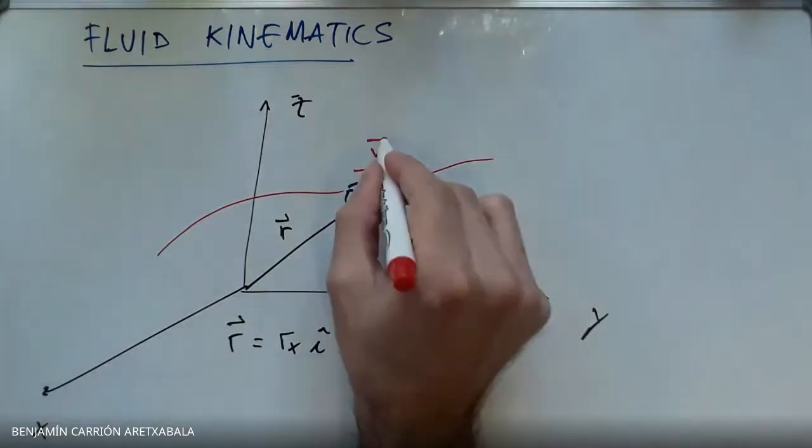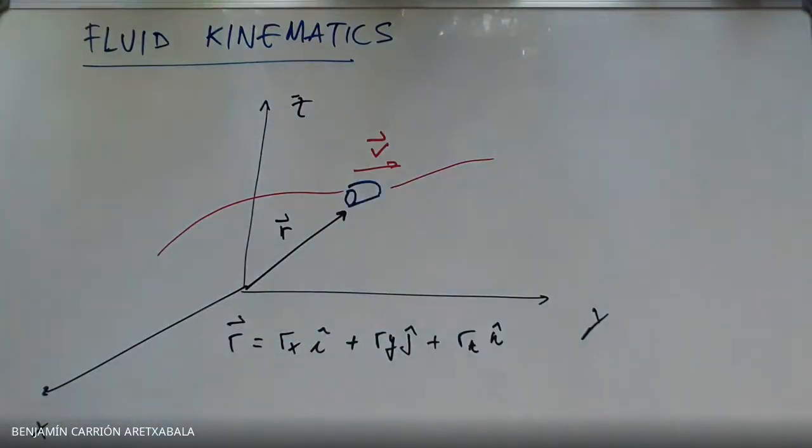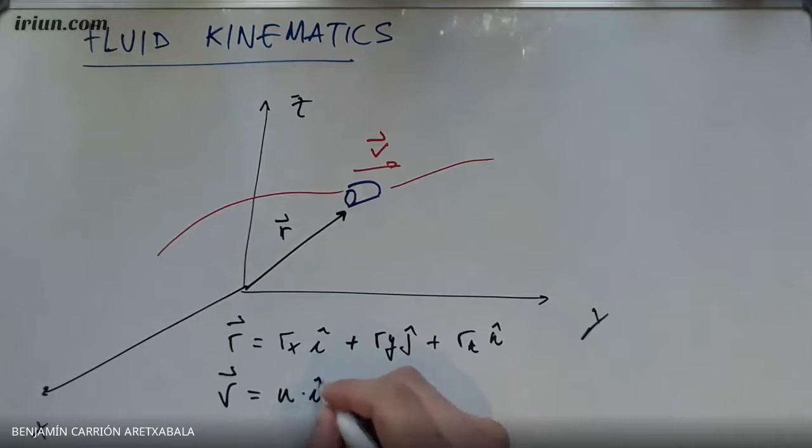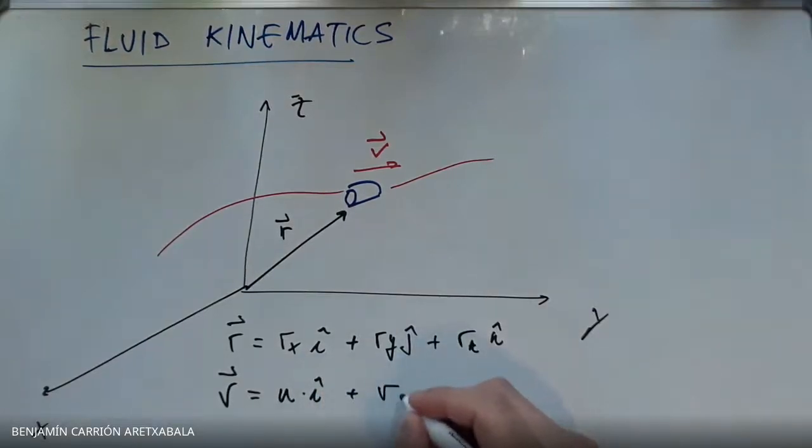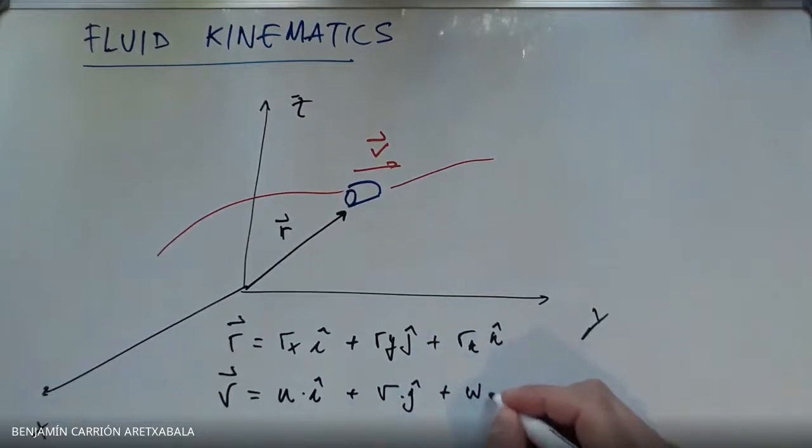right? But velocity is also a vector. So velocity is also a vector, and by convention, we normally call the magnitudes in each direction u in i, v in j, w in k. This is just convention. This is the velocity in x, and velocity in y, and velocity in z.